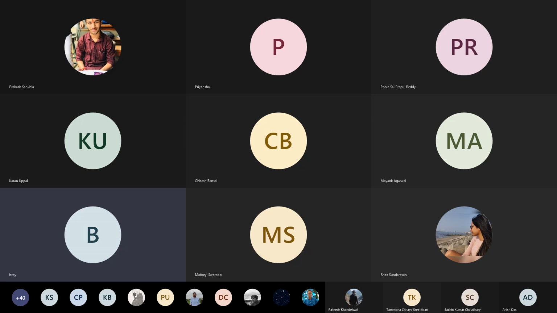In yesterday's example, if you did something like cin with the double arrows, we didn't have space.